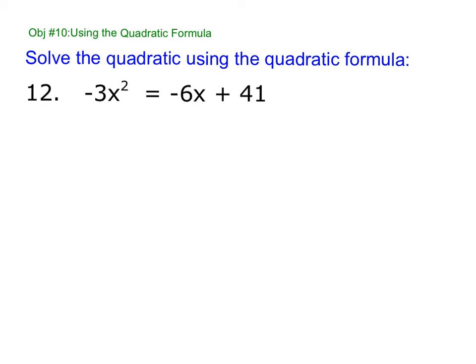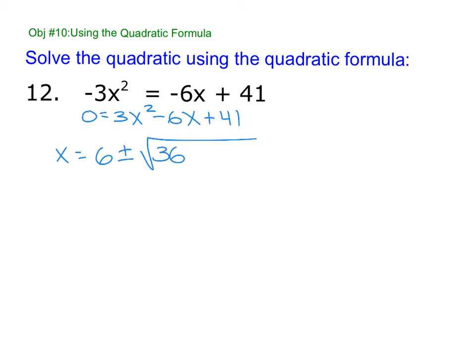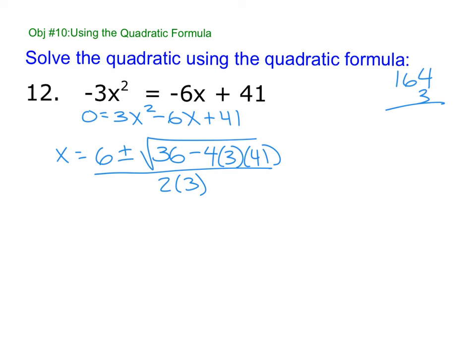All right, try this one. This time we can't divide. I'm going to move the 3x squared over. Negative b plus or minus the square root of, I'm going to put 36 automatically, b squared minus 4ac, all over 2a. Oh dear, I do not know what 41 times... Let's see, 4 times 41 is 164 times 3 is 492.